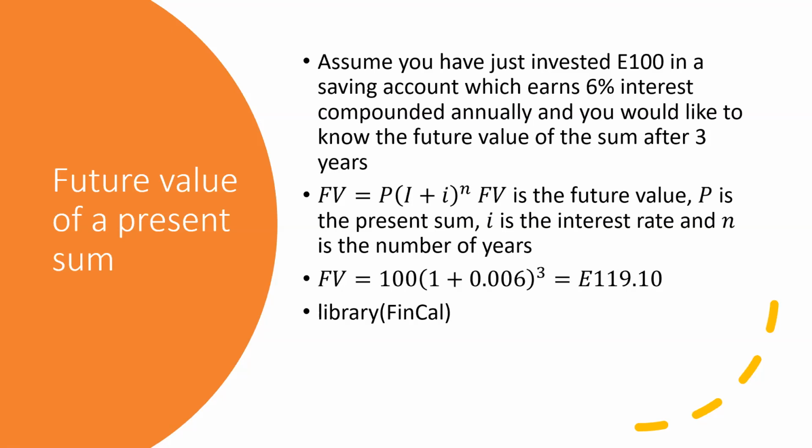The formula is what we have here: FV equals P times (1 plus I) to the power n, where FV is the future value, P is the present sum that we want to invest, I is the interest rate, and n is the number of years.